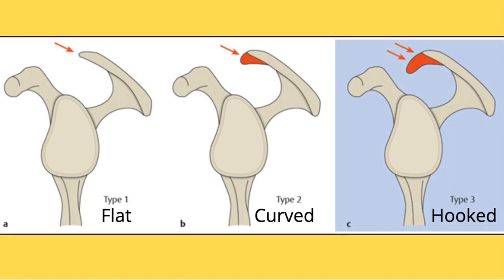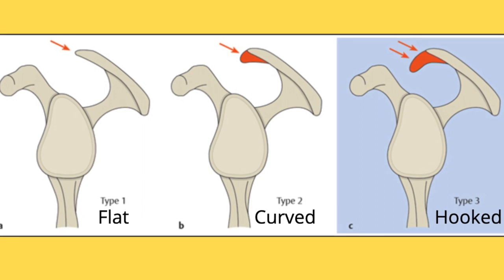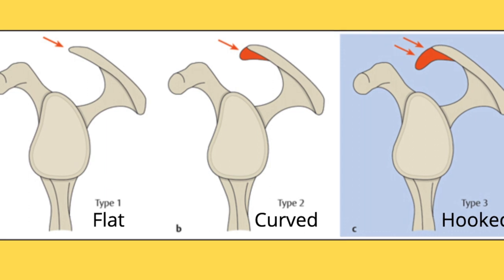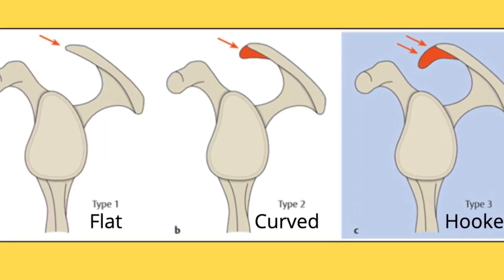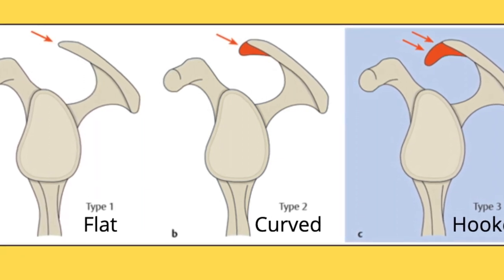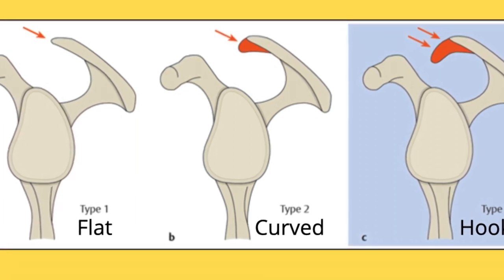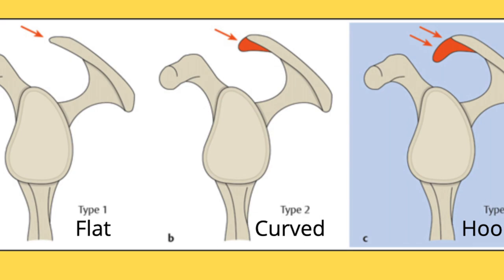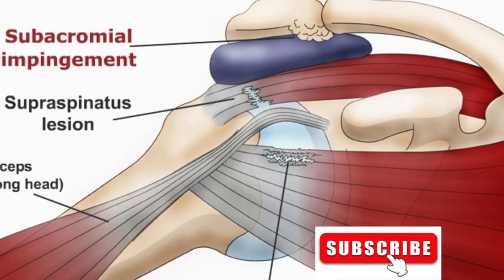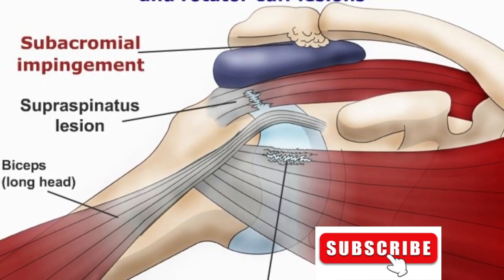These are basically anatomical variations of that part of the bone, and usually either people are born with this type of particular variation, or during developmental age there is usually a trauma that forces the bone to be shaped in one of these three shapes. And usually what happens in people who have one of these variations of the acromion process is that later on in life, as those people start to age, they can develop degeneration of the tendons or of the bursa or even of the joints itself.